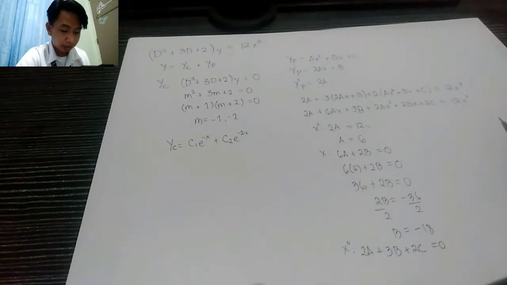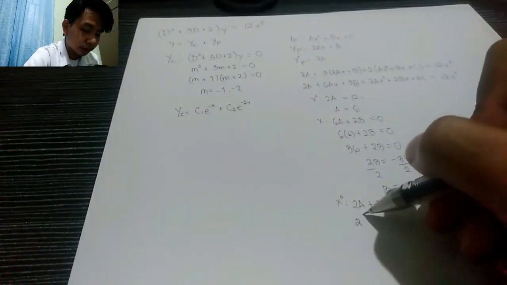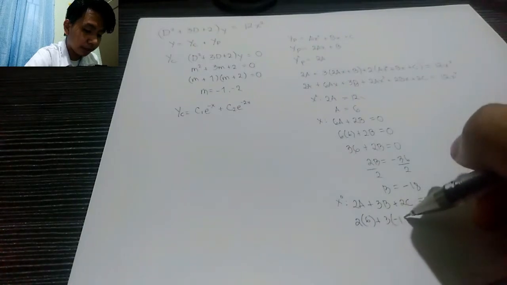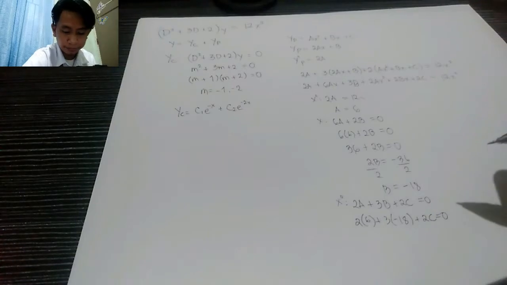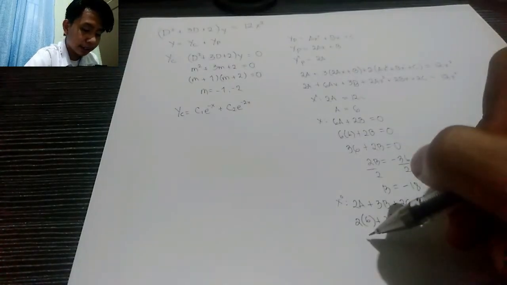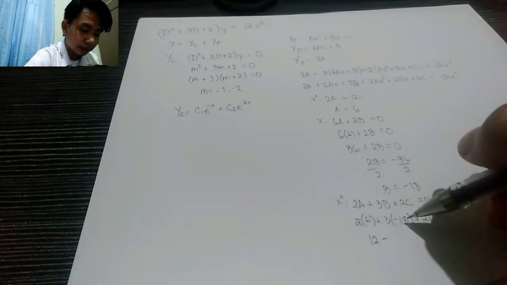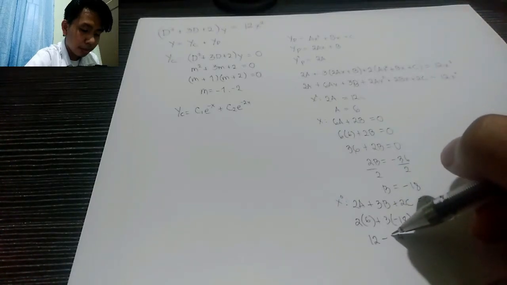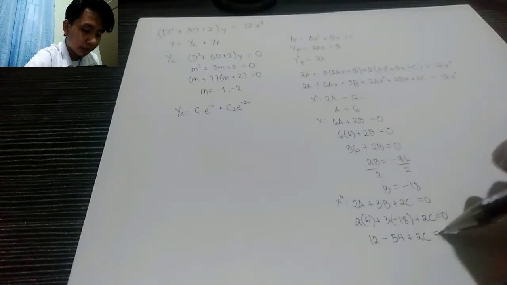Since may value na tayo dito ng a and b, substitute na natin. 2 times 6 plus 3 multiplied by negative 18 plus 2c equals to 0. Multiply natin. 12 minus 3 times 18 is 54. 12 minus 54 plus 2c equals to 0.